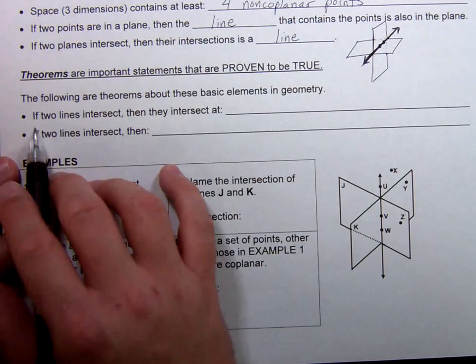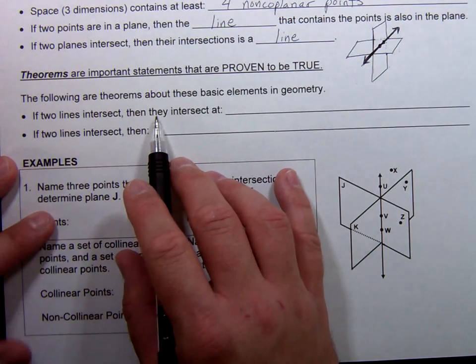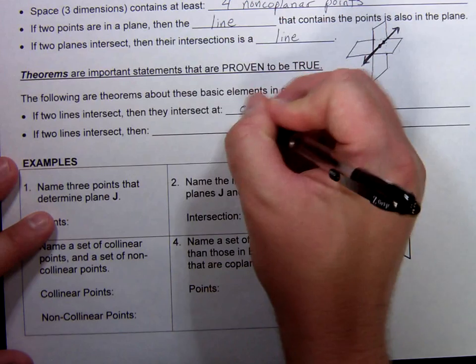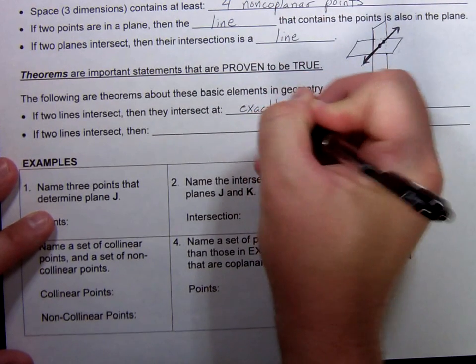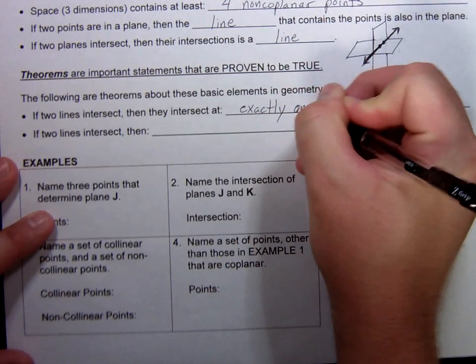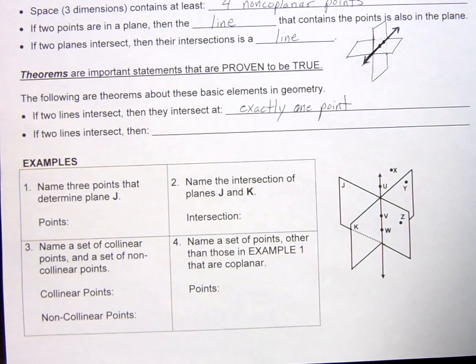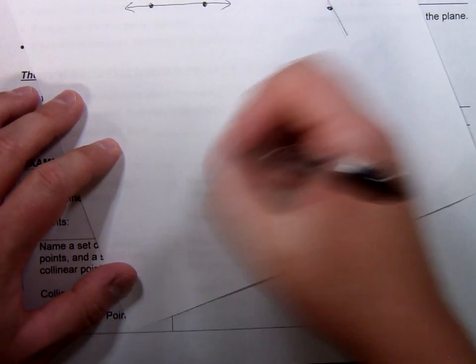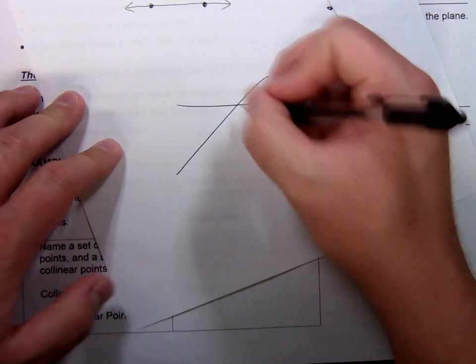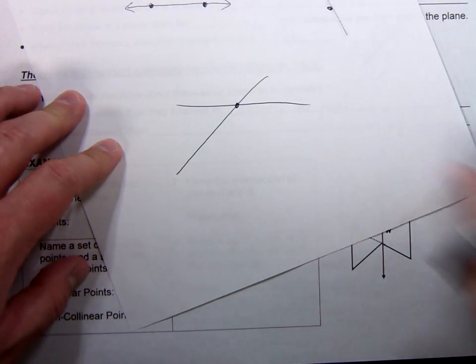So, the following are theorems about the 3 basic elements in geometry. If 2 lines intersect, then they intersect at exactly 1 point. Anytime you have 2 lines intersect, they're going to intersect at a point. So here's a line, where do they intersect? At a point. 2 lines always intersect at a point.